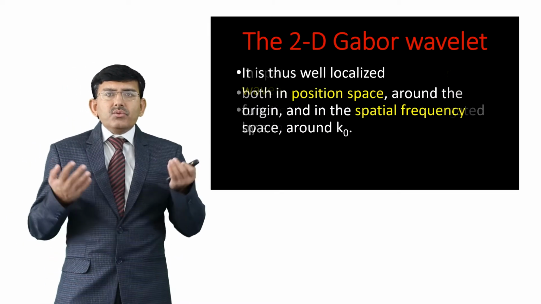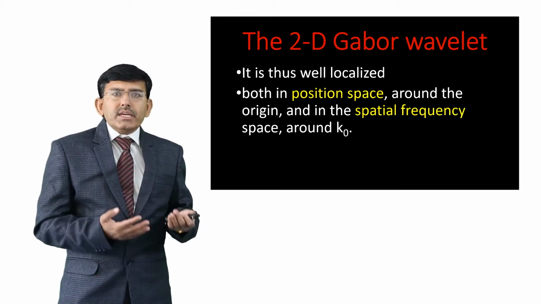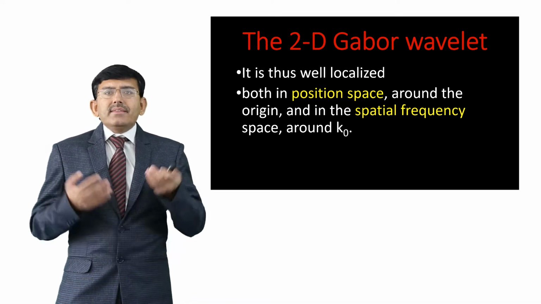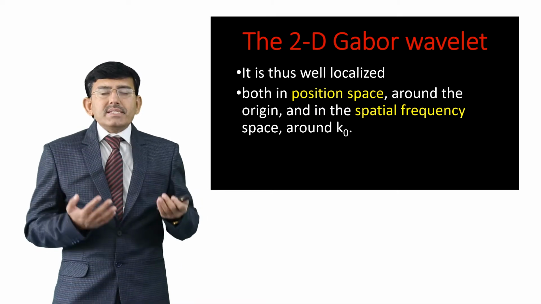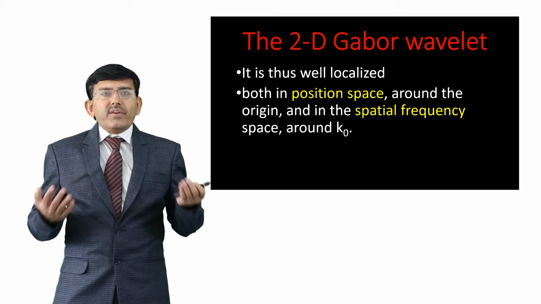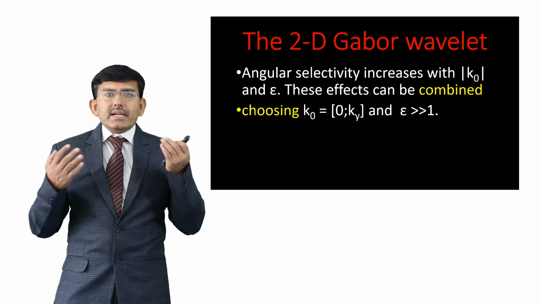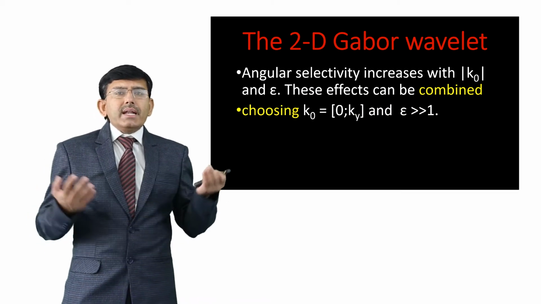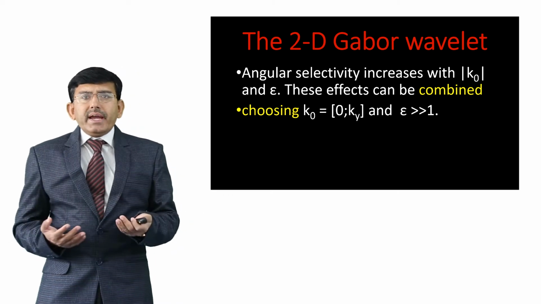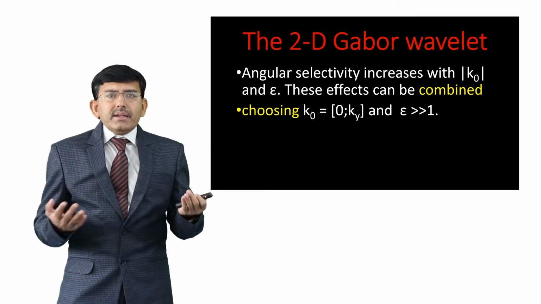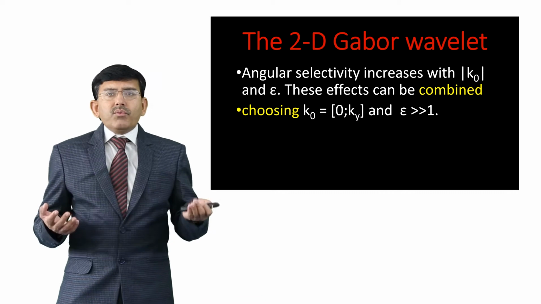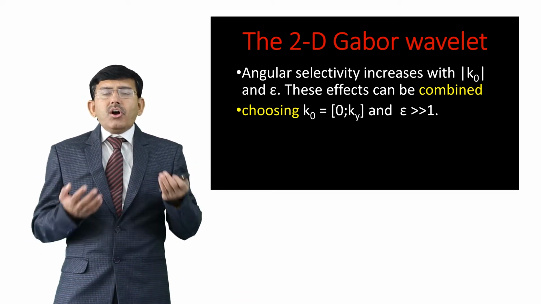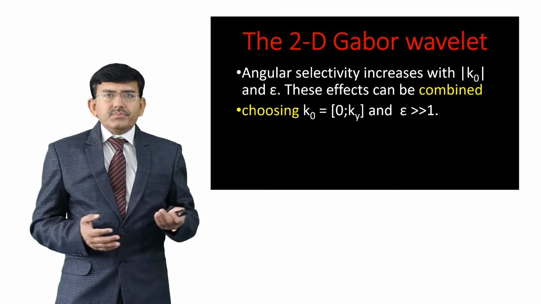It is thus well localized both in position space around the origin and in spatial frequency space around K0. Angular selectivity increases with the modulus of K0 and epsilon. These effects can be combined by choosing K0 equal to (0, ky) and epsilon greater than 1.